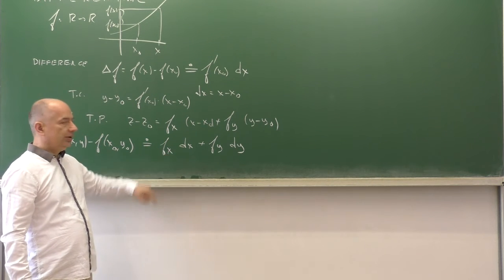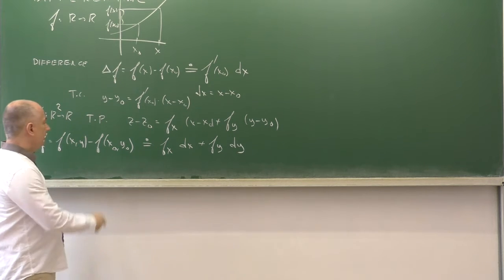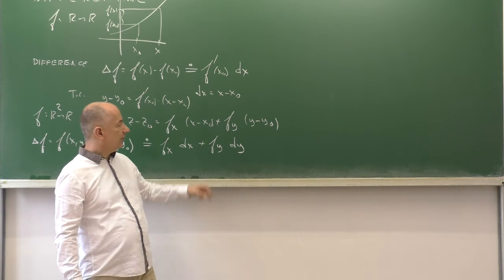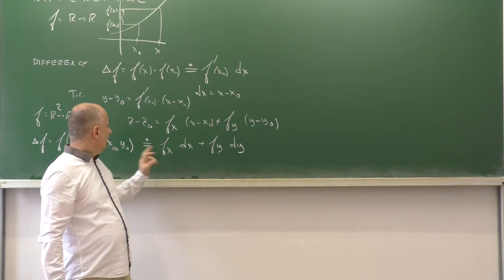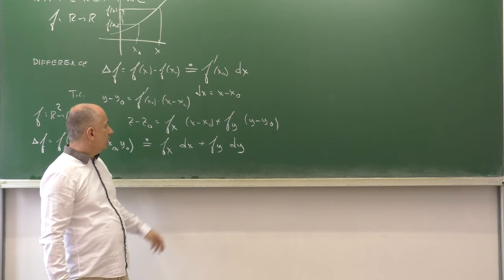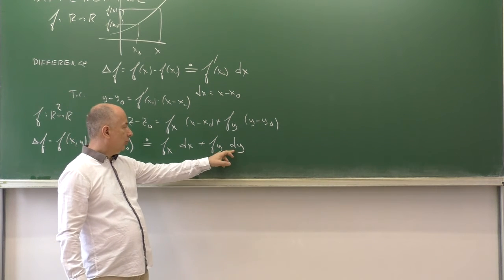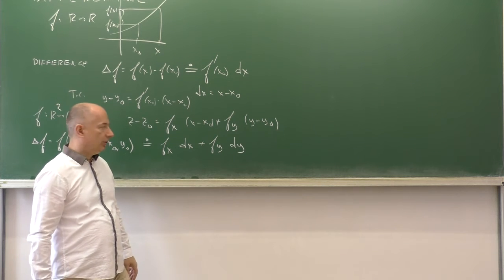This is the partial derivative with respect to the first argument, evaluated at the old point (x0, y0), and similarly this is the partial derivative of f with respect to y, evaluated at (x0, y0). And we multiply by some small change of x and by some small change of y, and we add these two small contributions.